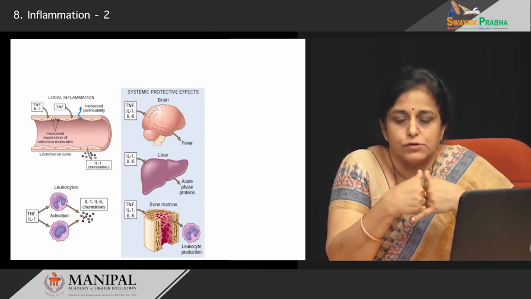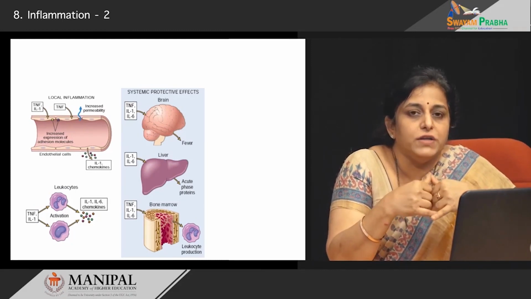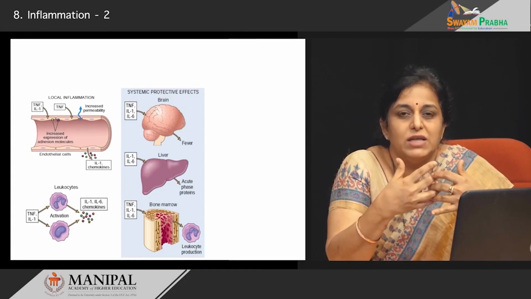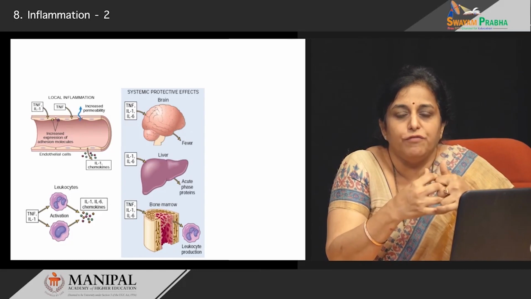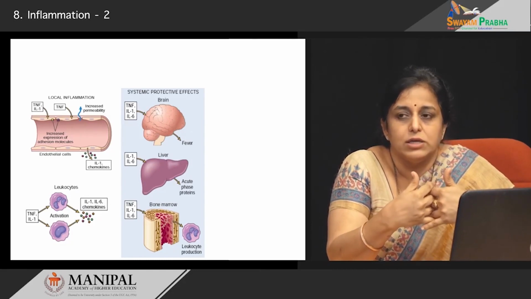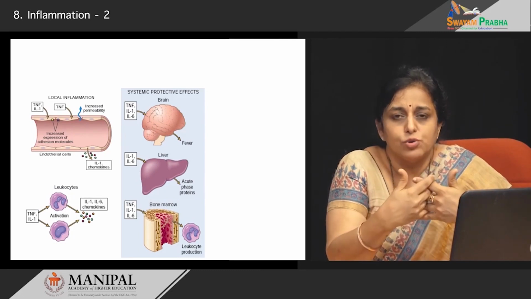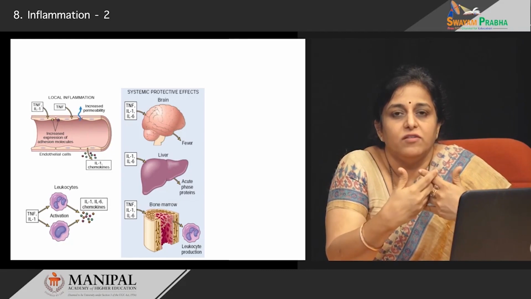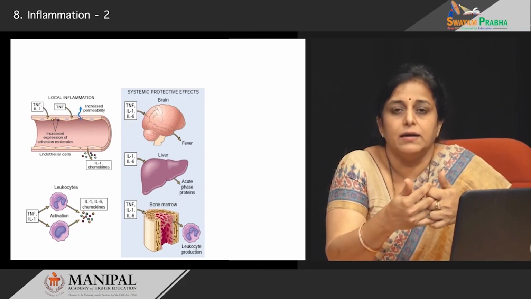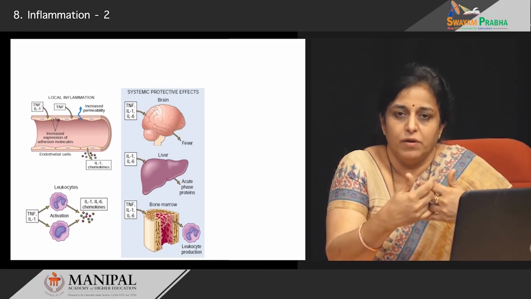Fever that occurs in case of inflammation is an effect of these cytokines on the brain, on the center which regulates the temperature. So, TNF, interleukin 1 and interleukin 6 act on these centers in the brain, causing fever. It also acts on the liver to produce increased production of proteins, which is responsible for increased ESR that you get in patients with inflammation.